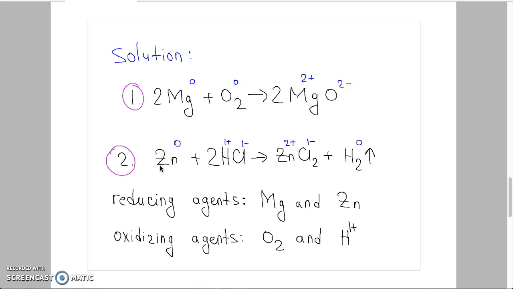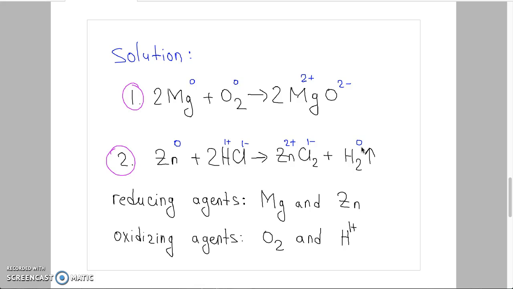Second reaction. Zinc has charge 0. After the reaction, zinc's charge becomes +2. It means that zinc has given 2 electrons. And remember, if an element gives electrons, it's a reducing agent. Let's take hydrogen. Hydrogen's charge was +1, but after the reaction, the charge of hydrogen becomes 0.